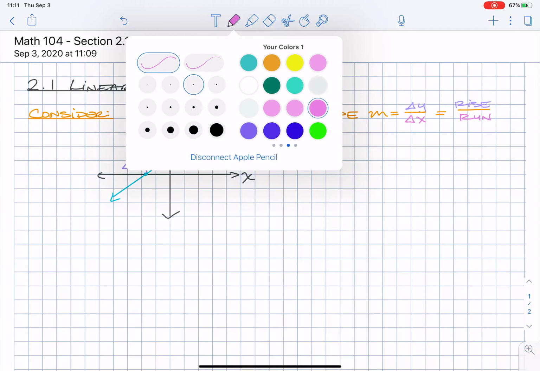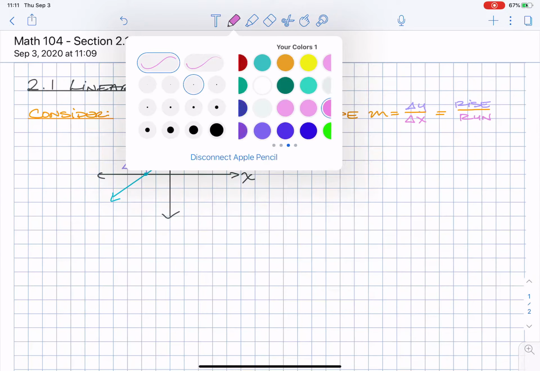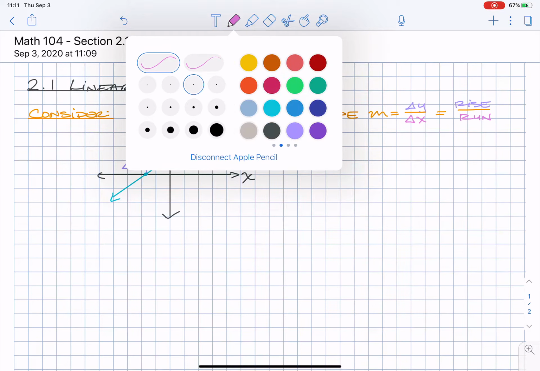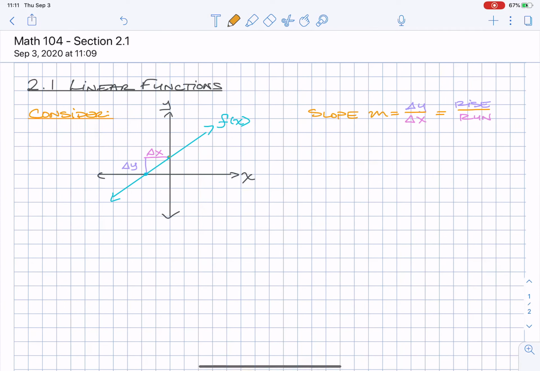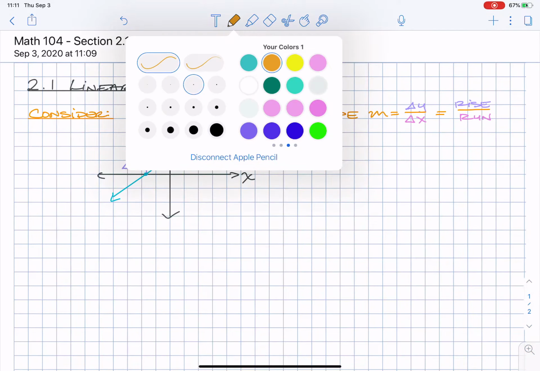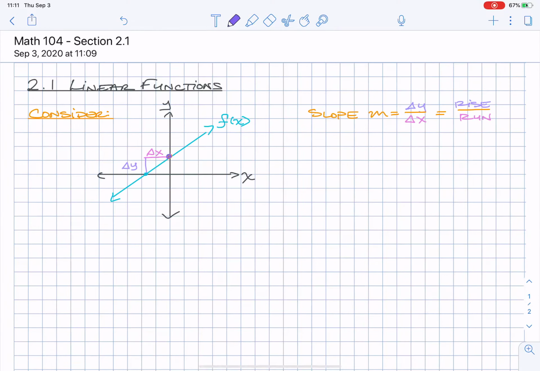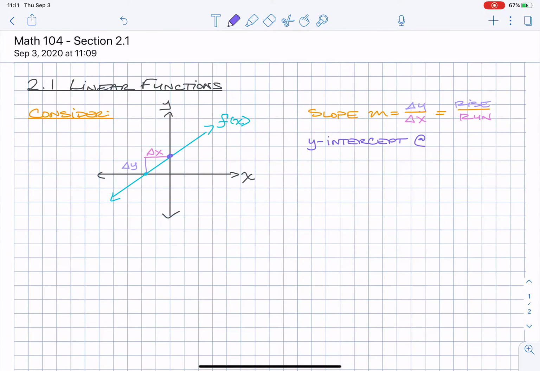Okay, what's more, we also have this point. Let's use purple. So this point here, which is the y-intercept, will be at (0, b).